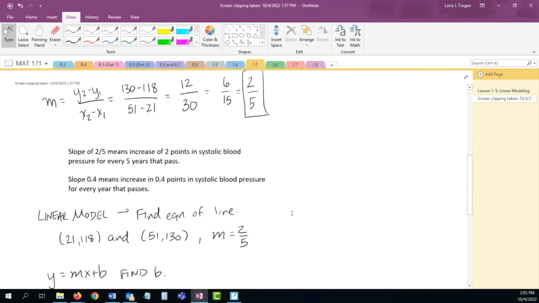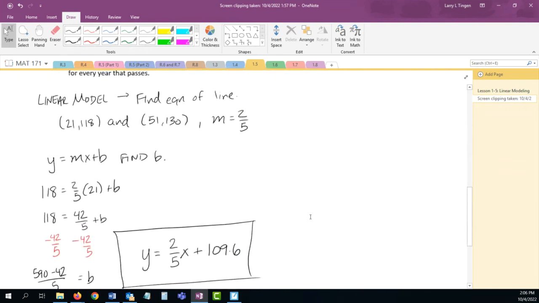Since we're going to be rounding anyway, we might as well let it be that decimal. It turns out 590 minus 42 over 5 is the actual decimal answer. That is 0.6 and it stops. So 109.6 and 548 over 5 are the exact same number.